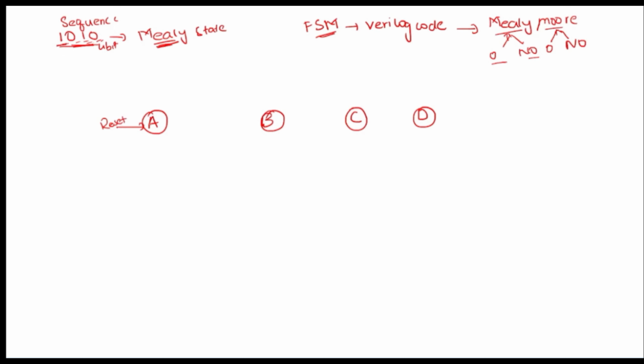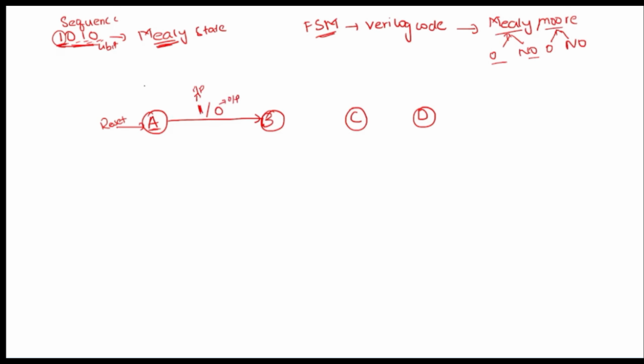Whenever state A receives 1, that means the first bit is 1, then it will move to the next state B. So we are mentioning it as 1 by 0. What is this? This is input, and this is output. Why is the input 1?